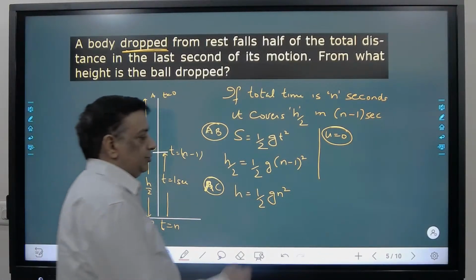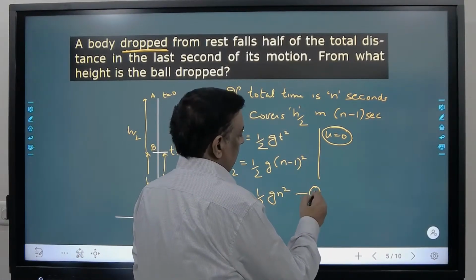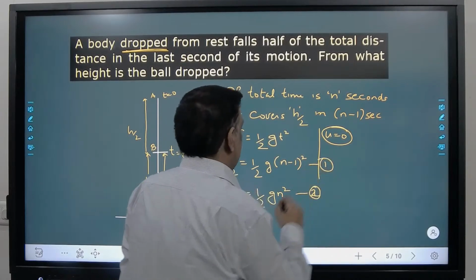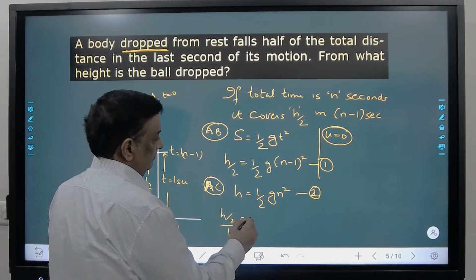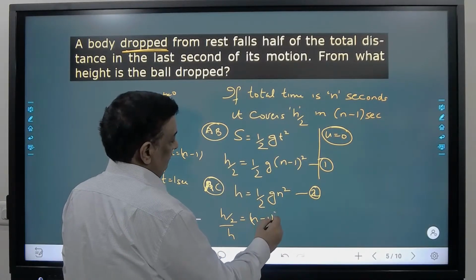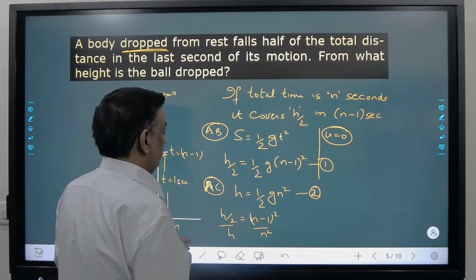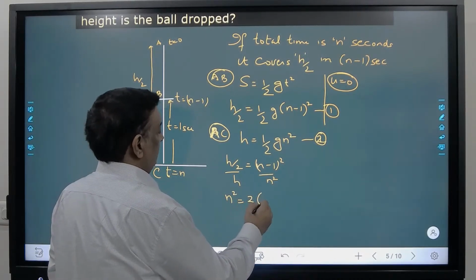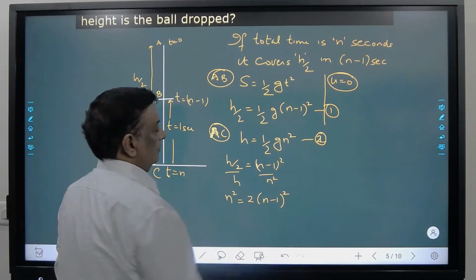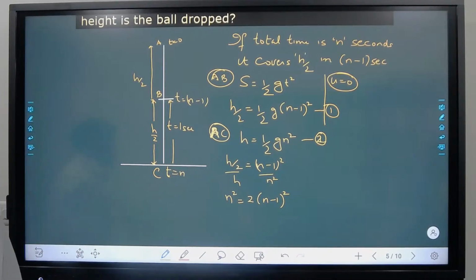If you take the ratio, dividing 1 by 2, you can say n square is equal to twice of n minus 1 whole square.